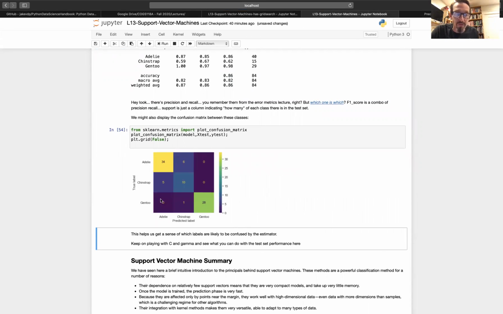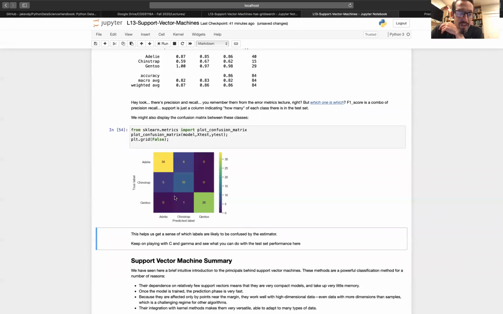Well, if you look here at the confusion matrix, this is the true label over here, and this is what we predicted. So you can see that of the 40 Adelies, 34 were correctly labeled as Adelies. But 6 of them were labeled as chinstrap penguins.